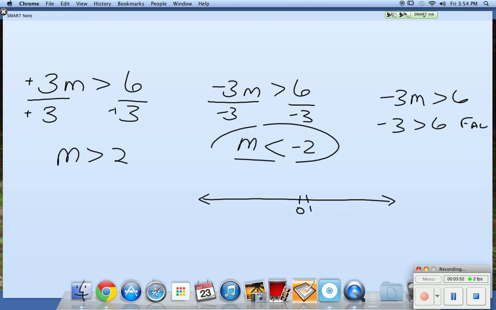And let's say we divided through by negative 3 and came up with m is greater than negative 2, without switching the sign. And I put my 1 in for m here. Is 1 greater than negative 2? Well, yeah, it is. This would be true. You see how we were able to figure out just by putting a number in that it actually changes unless we reverse the sign when we divide through by a negative number.